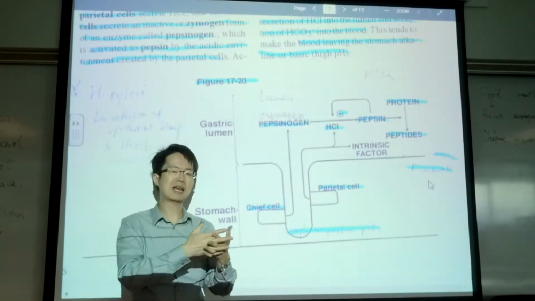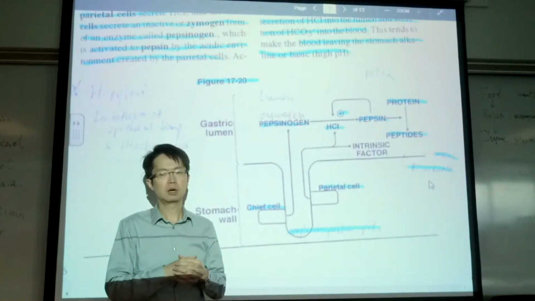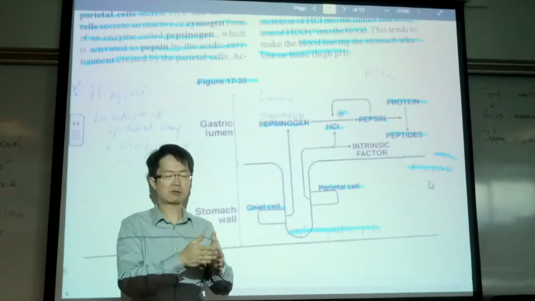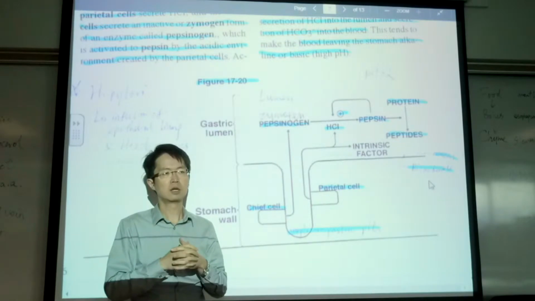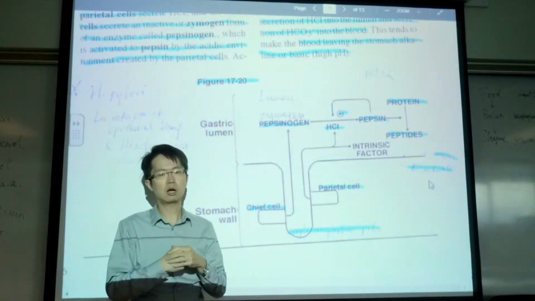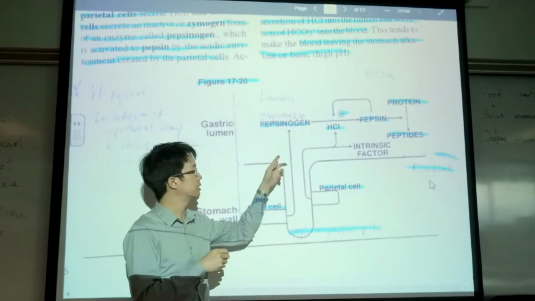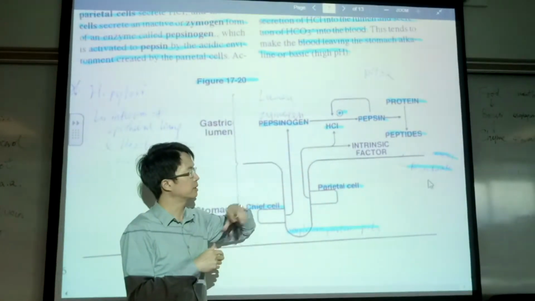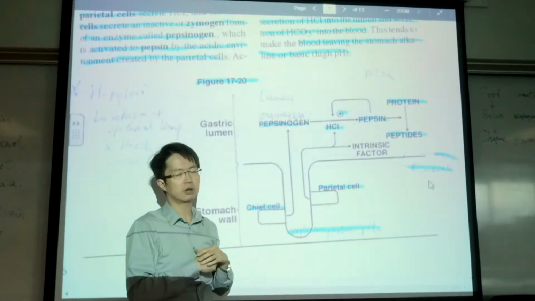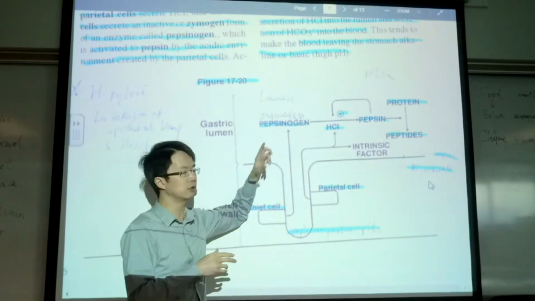If the protein is an enzyme, then the enzyme can no longer speed up the reaction of a specific substrate, because the structure is changed, and the substrate can no longer fit into the active site in the enzyme. Similarly, in this case, the HCl is actually denaturing the pepsinogen.